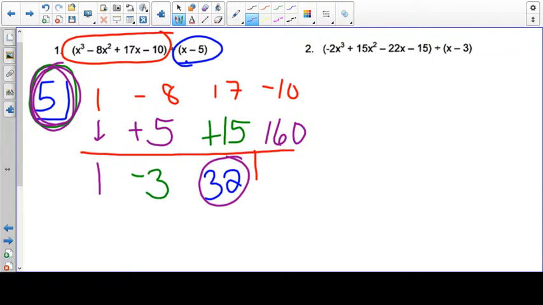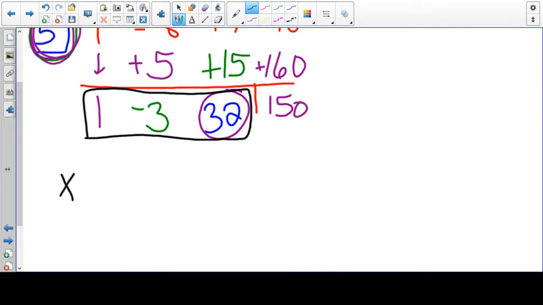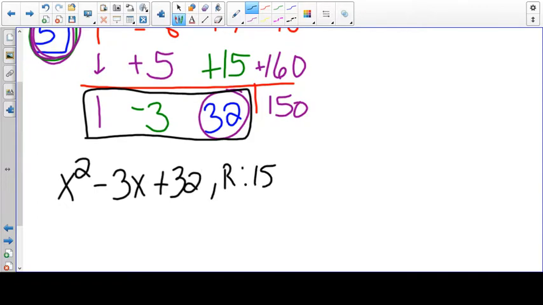Negative 10 plus 160 is 150. So my answer, using these coefficients that I just found: my first term will be 1 less than the x I started with. So I started with x cubed, so I'll have x squared minus 3x plus 32 with a remainder of 150.